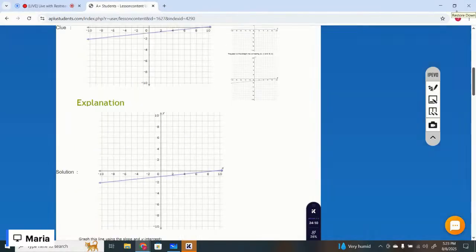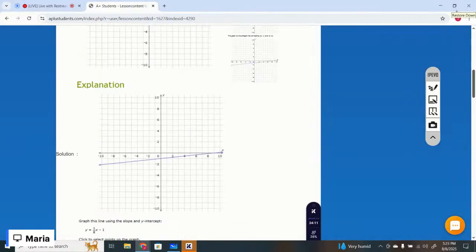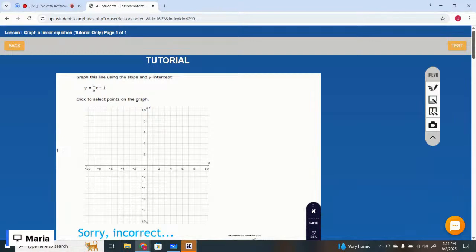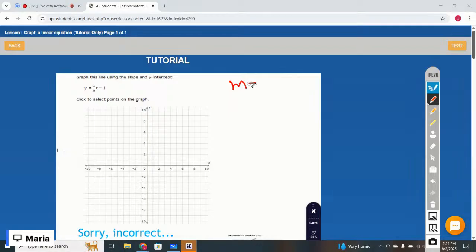The slope is 1 over 9. 1 is the change in y, and that is y over x, right? And the y-intercept is negative 1, right?